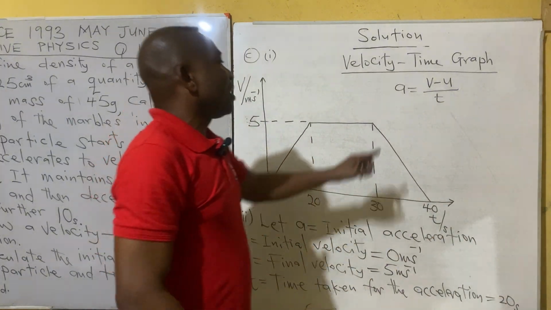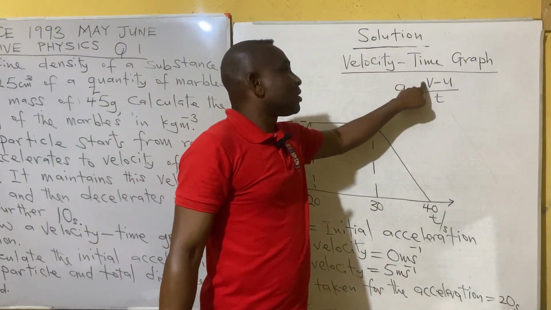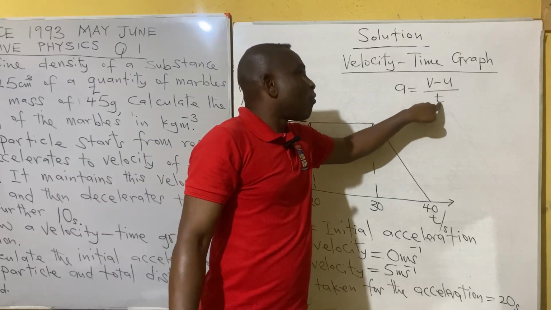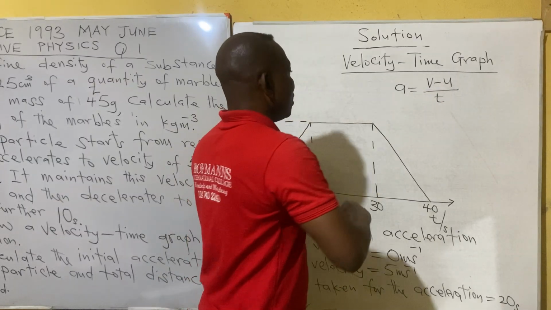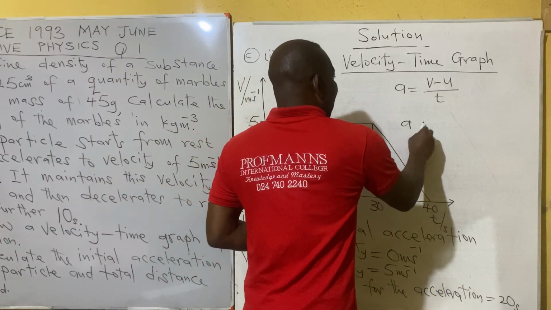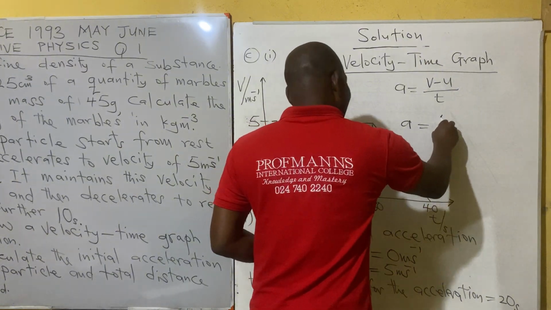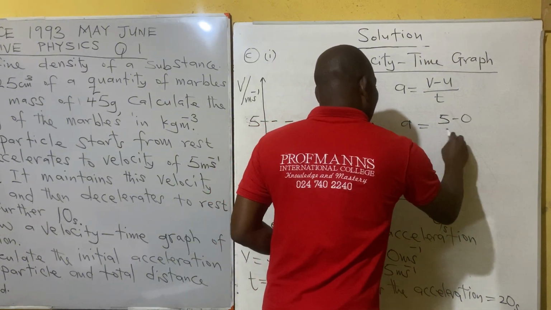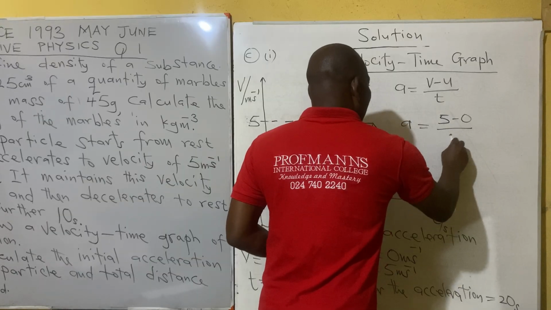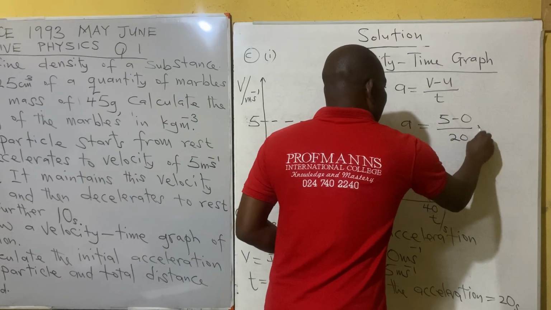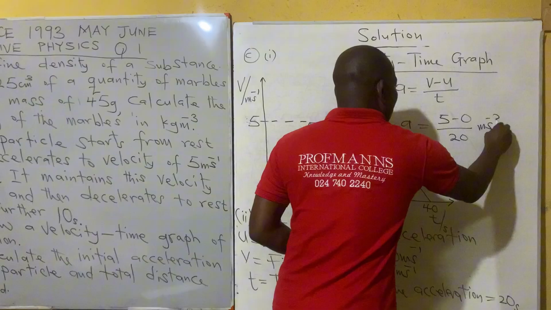Now, acceleration is equal to final velocity minus initial velocity over the time for the acceleration. So, acceleration is equal to final velocity, which is 5, minus initial, which is 0, over time, which is 20. That is meters per second squared.